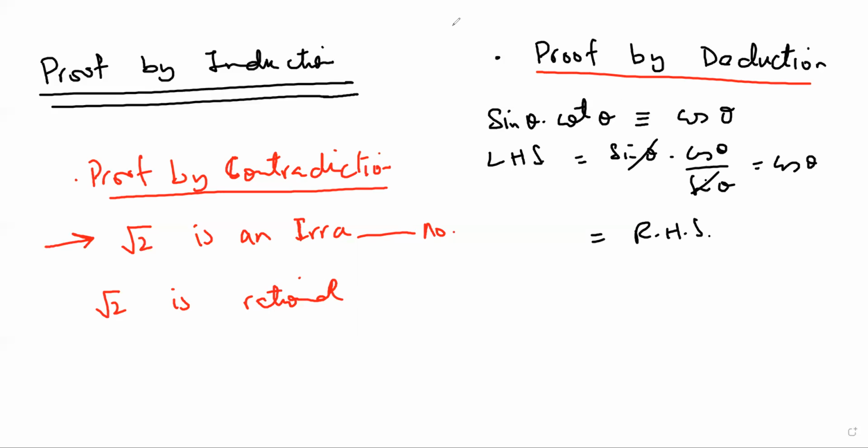Then there is another very famous method of proving the given statement, that is proof by exhaustion. Now, suppose you have to prove that n cube minus n, for any positive value of n, is always going to be a multiple of 6, that is, have 6 as a factor.